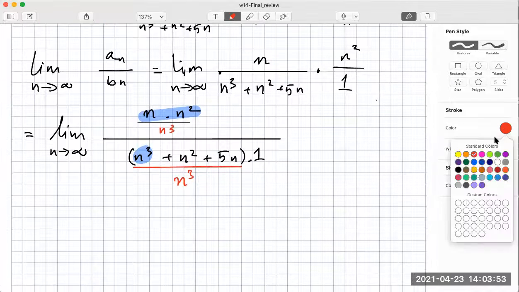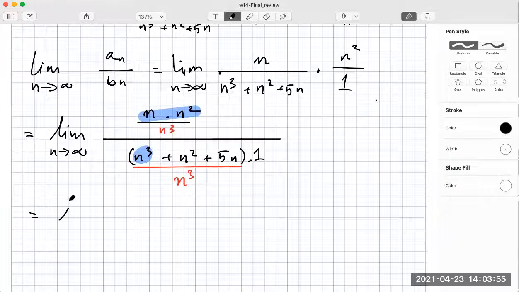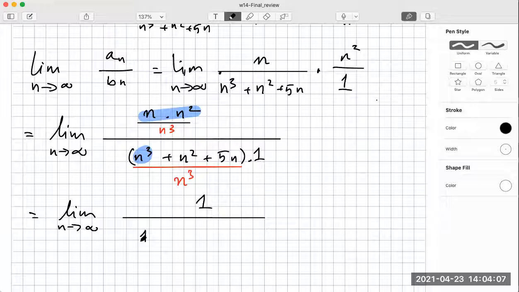Then we simplify it. The numerator becomes 1. The denominator is n cubed divided by n cubed, which is 1, plus n squared over n cubed, which simplifies to 1 over n, plus 5n divided by n cubed, which is 5 times 1 over n squared.